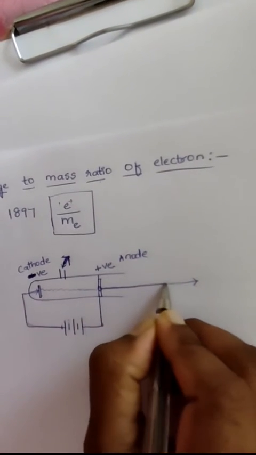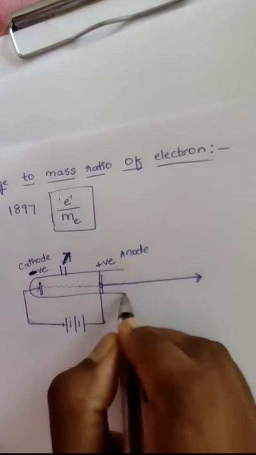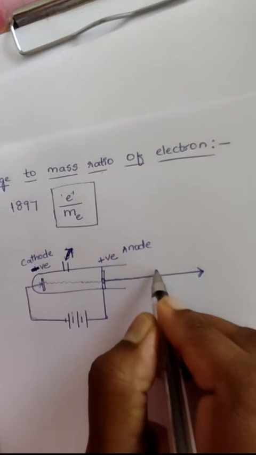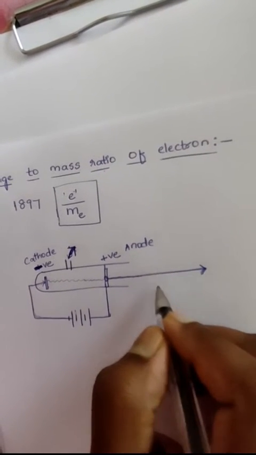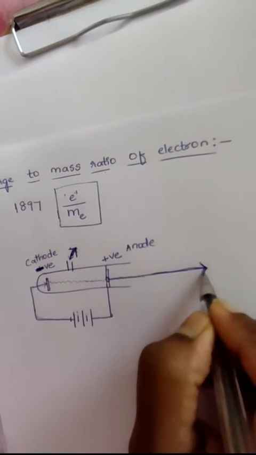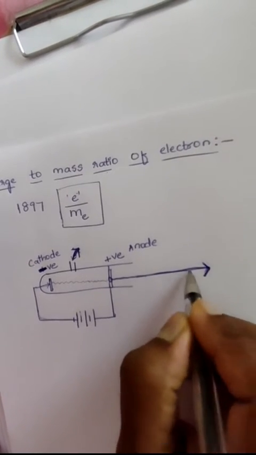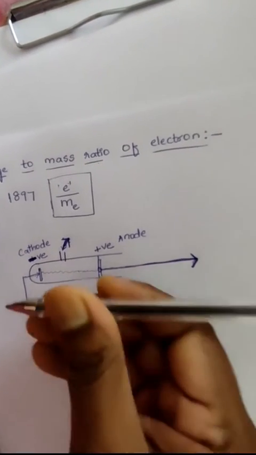For this path, J.J. Thomson applied an electric field and a magnetic field perpendicularly. This one is the path of cathode rays, that is, it contains electrons.